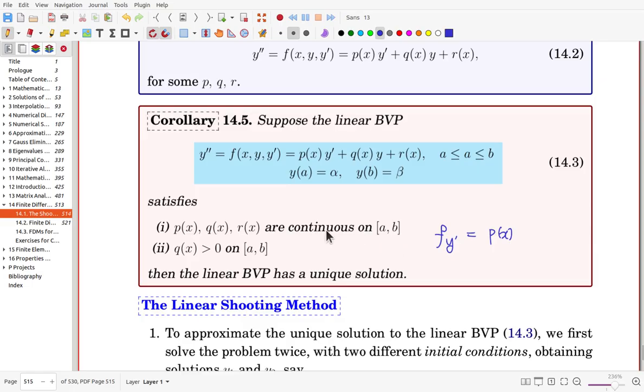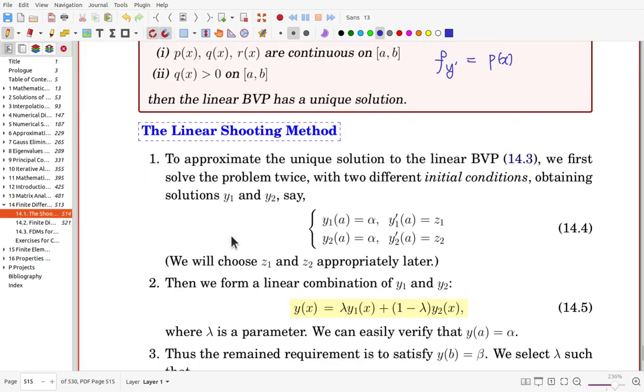For such a function, it must be bounded. Once a function is continuous over a closed interval, then the function is bounded. So this one is bounded, so everything is satisfied. So this linear boundary value problem has a unique solution.